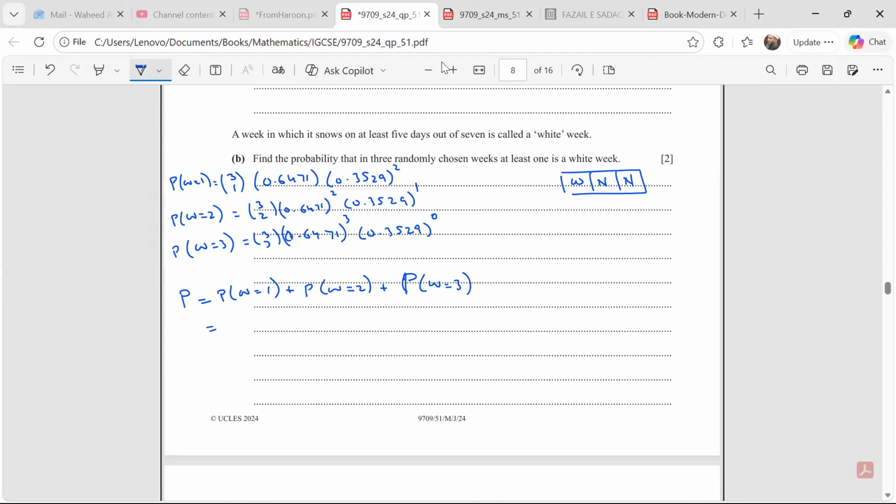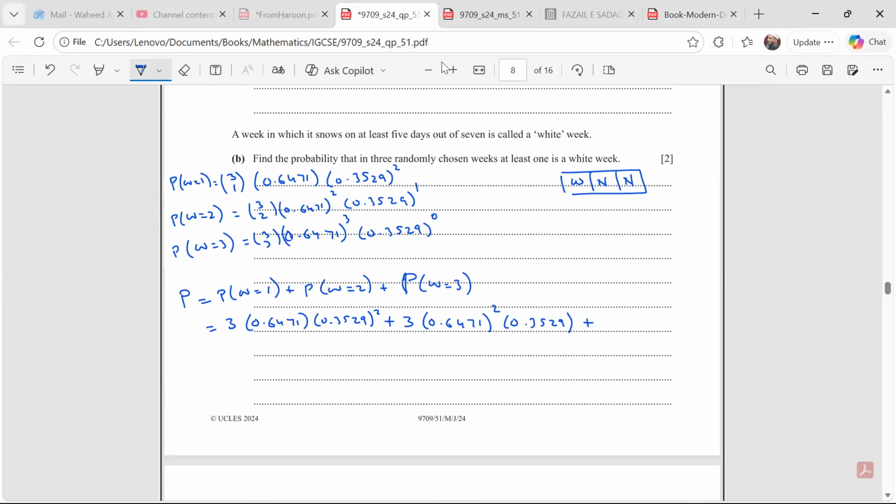So 3 combination 1 is 3 and 0.6471 and 0.3529 to the power 2. Plus 2 weeks, 3 combination 2 is again 3 and 0.6471 to the power 2, 0.3529 to the power 1, and plus last one, 3 combination 3 is 1.